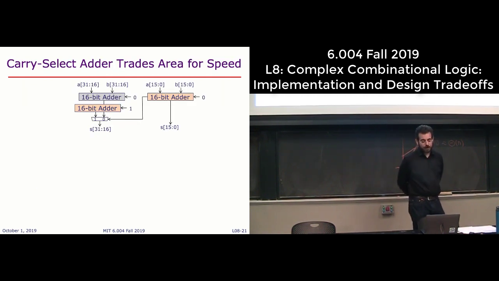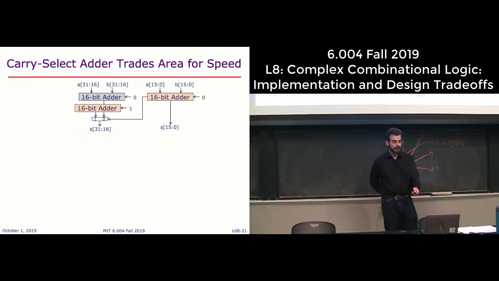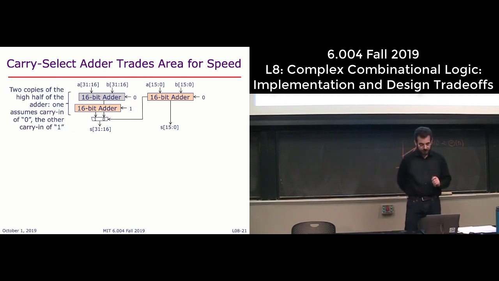So, the first adder that we're going to see that improves performance quite a bit, but at a cost, is what we call a carry select adder. So suppose that instead of having a 32-bit adder, we just do the following. We get the upper half of the adder, and we just compute two possible values.